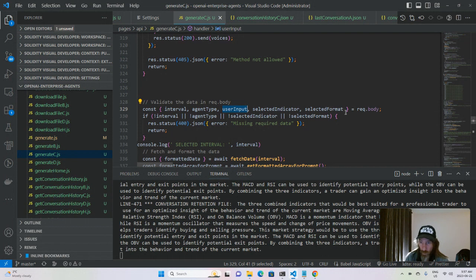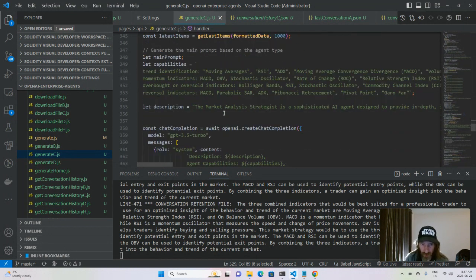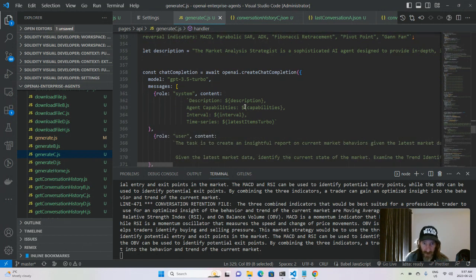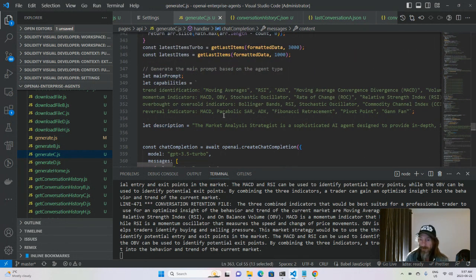It's coming from my index page, which is the front end. When you choose different things, you write things into it. It comes through here, and then I insert it into the message, right? So I have the system, description, capabilities. What are capabilities? Hey, look how powerful it is.